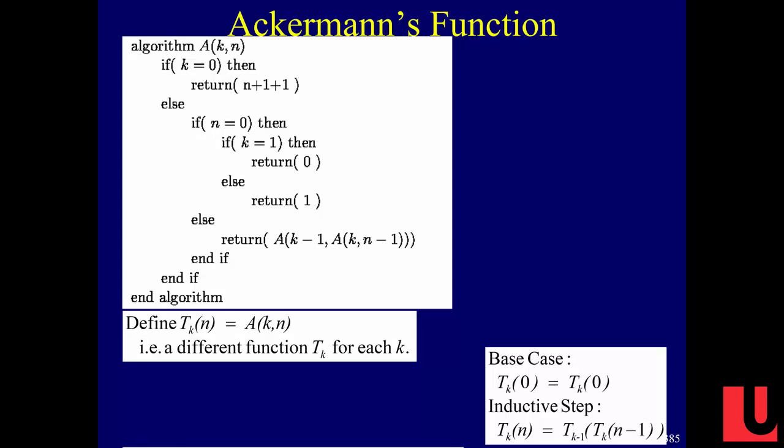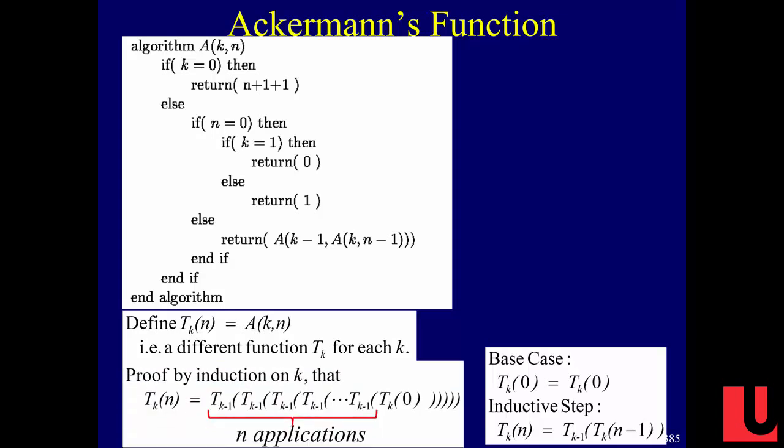And what does that effectively give us? It gives us that the kth function, the way you get it, is you start with some base case. Let's just assume this is 0 or 1. And you apply the previous t function, k minus 1 function, over and over and over on top of itself n times. Right? That's what we're doing.